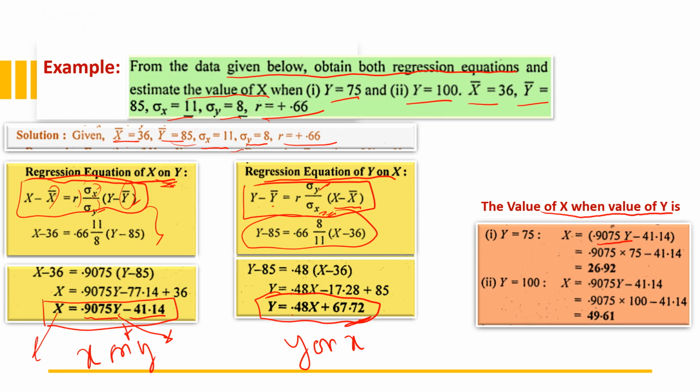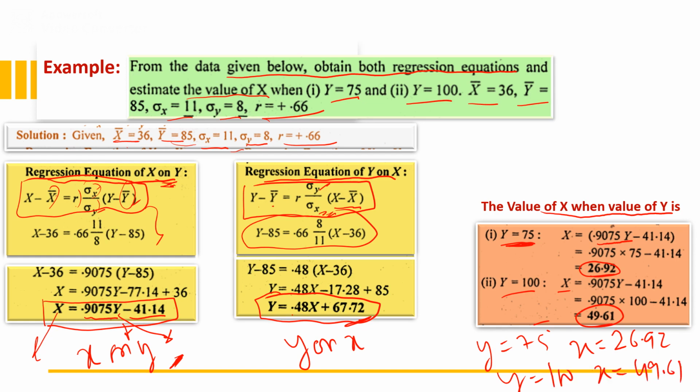So we put y = 75 in the expression x on y, and we get 26.92, and when we put y = 100, we get x = 49.61. So we can say when y is 75, x is 26.92. When y is 100, x is 49.61.